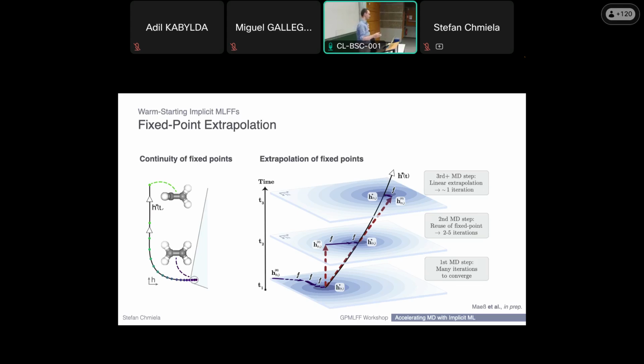It's a linear interpolation in this simple case. This way we get even closer to the true solution, right? So now we have a starting guess in the third MD step that is very close to the solution, and it only takes 1 more step to converge, right? So we effectively apply a model that only has 1 layer. It's not a deep model, but it acts like a deep model.